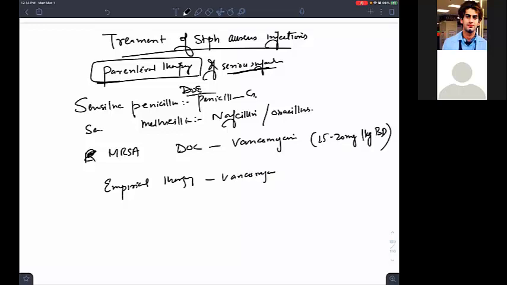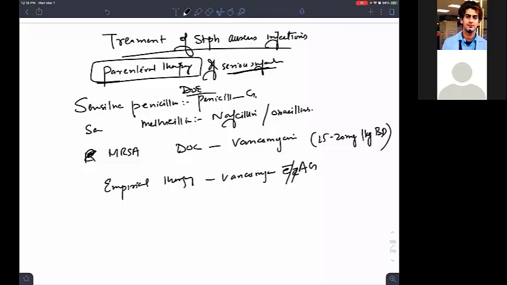And it's your choice whether you will give it with aminoglycosides or not. You can give it individually, single vancomycin, so with or without aminoglycosides. So they will ask you, when will you give vancomycin?